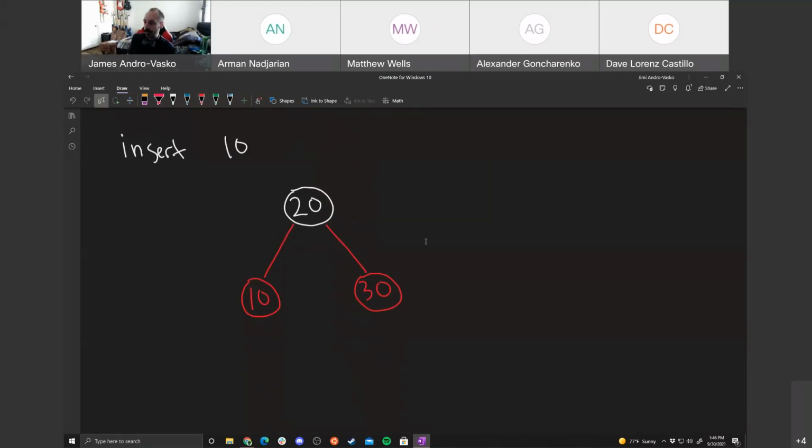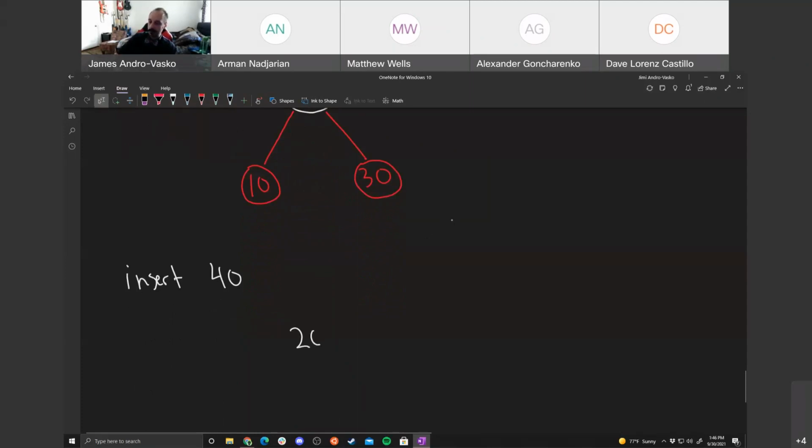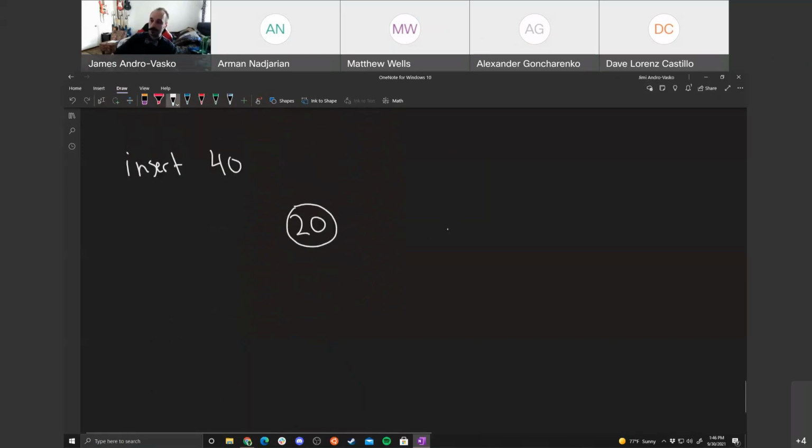Now let's go ahead and insert 40. Now we'll have to actually do some more work than just simply insert. Let's go ahead and copy our old tree: 20, 10, 30. And we insert 40 right over here into our tree. And we see here we have a problem. When we go up to the very top level where we have our root, that's going to be the grandparent of 40.